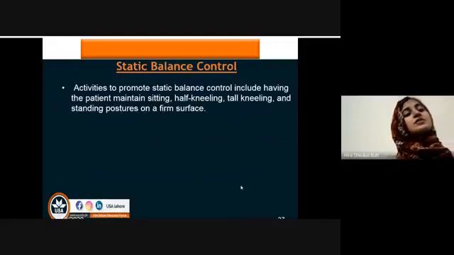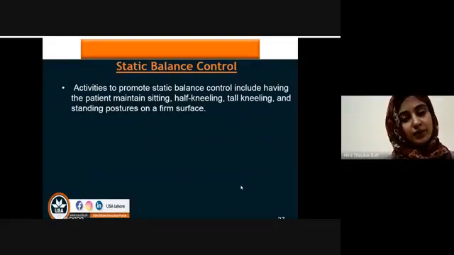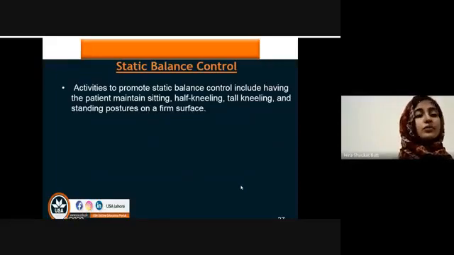Okay, and always remember, all these exercises have to be done under the supervision of the physiotherapist or the home attendant, because the patients who are suffering from loss of balance and loss of postural stability are very prone to fall, and we always have to make them do the exercises under strict supervision.